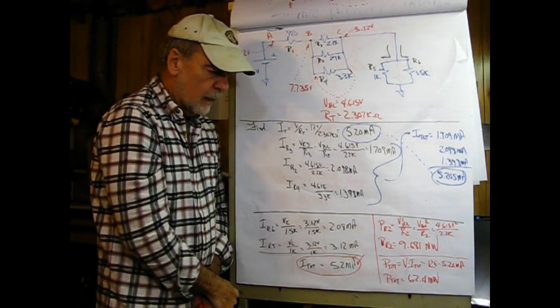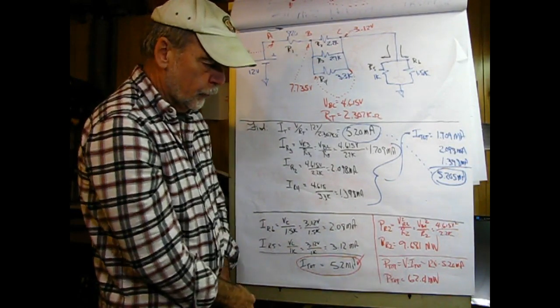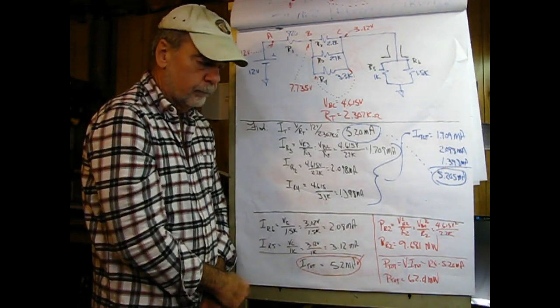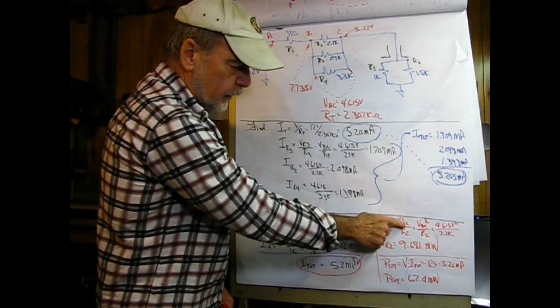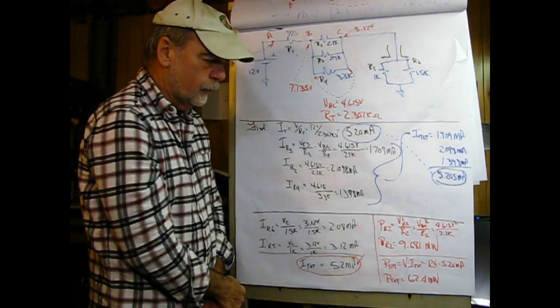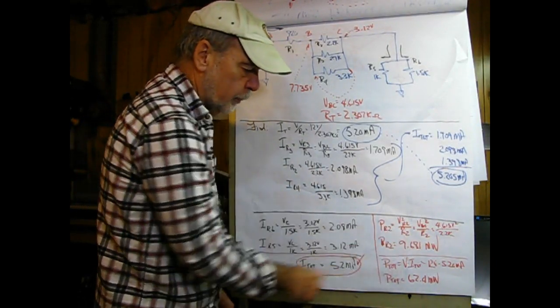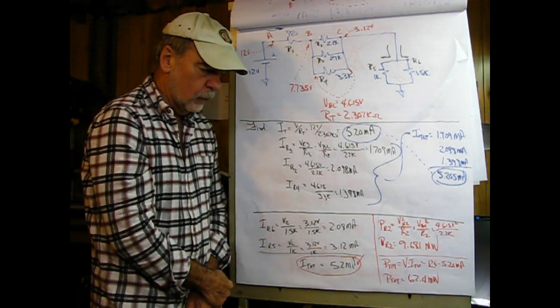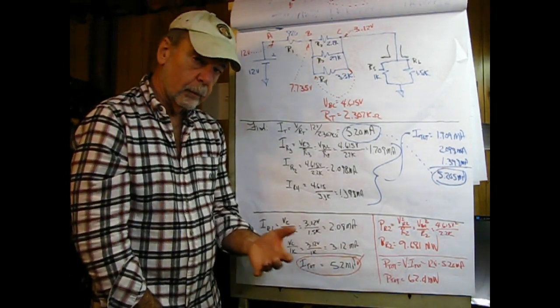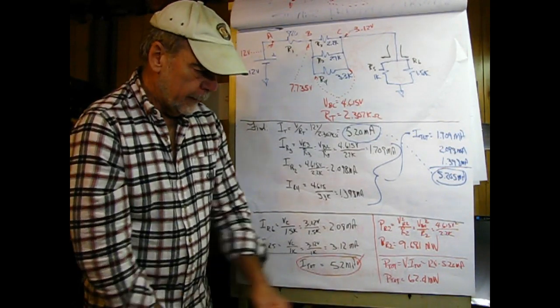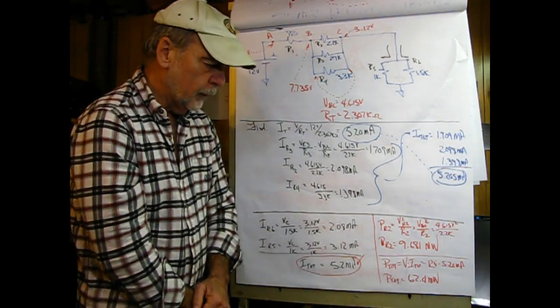Next, to find the power in resistor 2 would simply be equal to the voltage across the resistor, important, that would be VR2 squared divided by R2, and that would come out to be 9.681 milliwatts. Likewise, if I wanted to find the total power, the easiest formula would be V times I total, and that gives us 62.4 milliwatts.